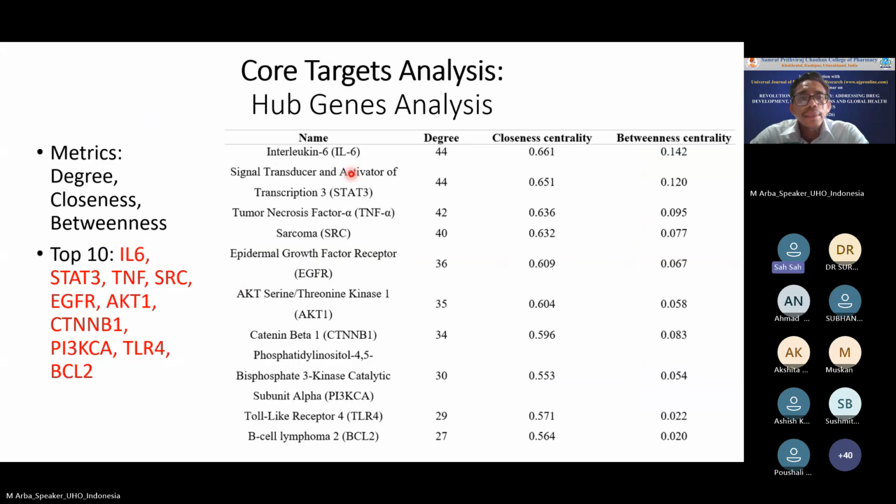Then using metrics like degree, closeness, and betweenness, we saw that the top 10 proteins for HCV are interleukin 6, STAT3, TNF, SRC, and so on. And this is the value of degree, closeness, and betweenness centrality.